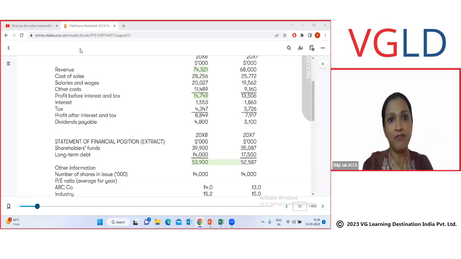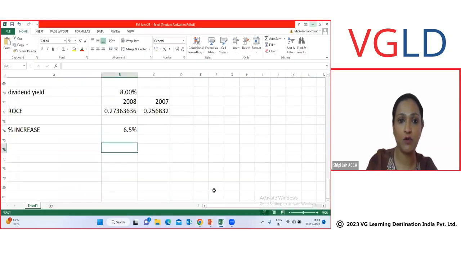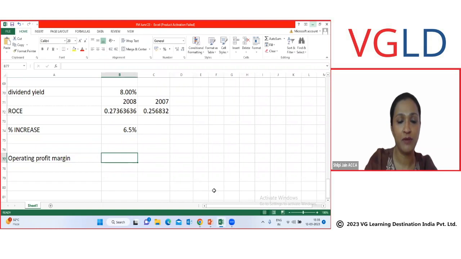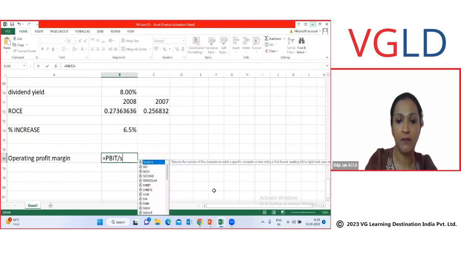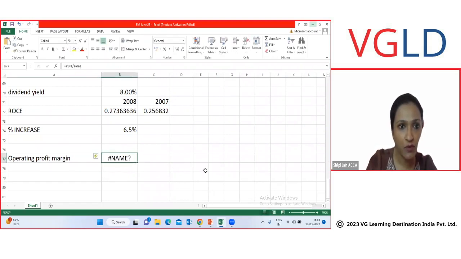Okay, so do we have the figures? Operating profit margin for 2008. Let's calculate our operating profit margin, which is going to be my PBIT divided by my sales.